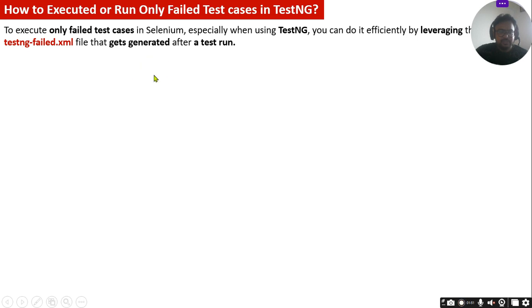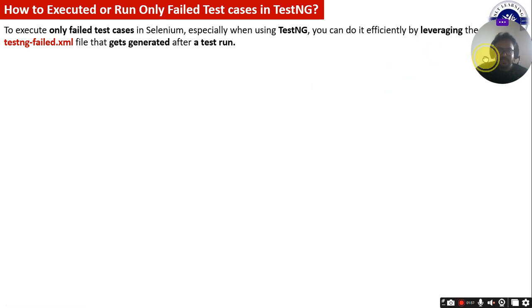To execute only failed test cases in Selenium, you need to use TestNG. How can you do that? Whenever you execute testng.xml, whatever test cases fail, the system will automatically generate a testng-failed.xml file.